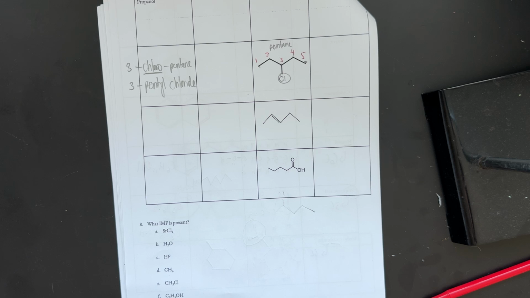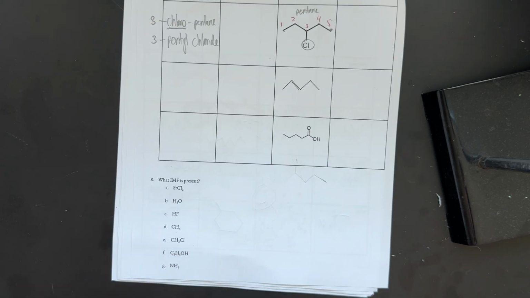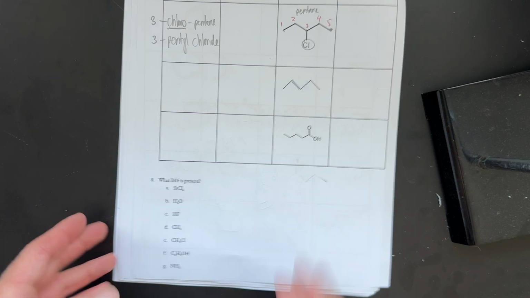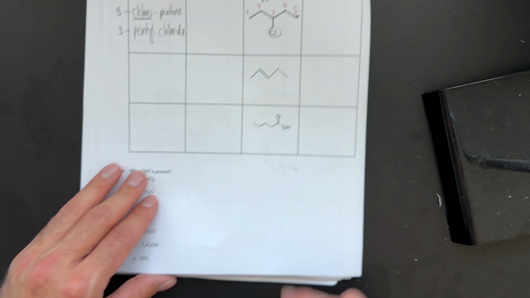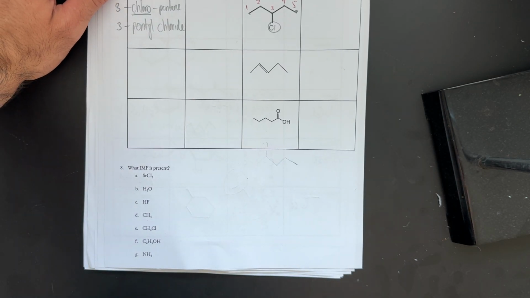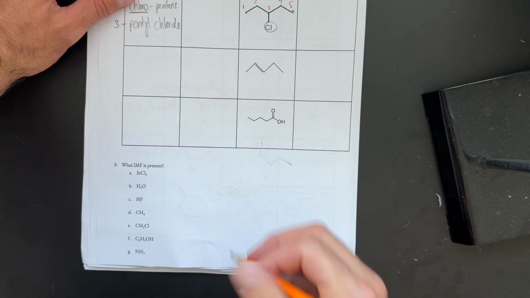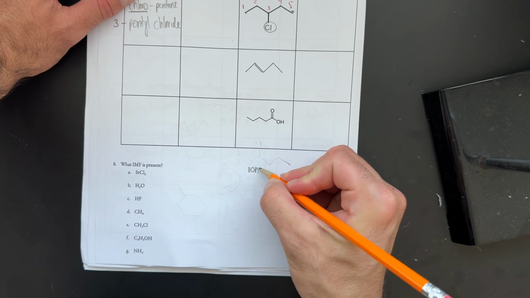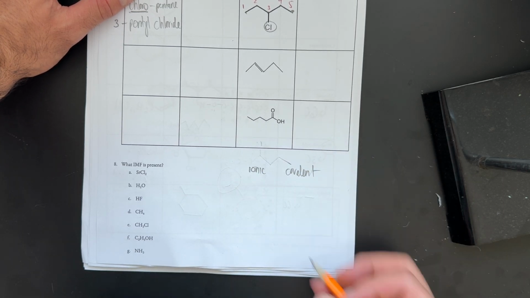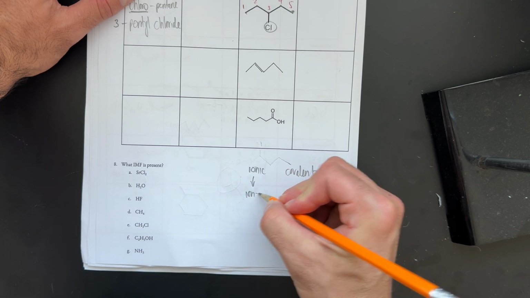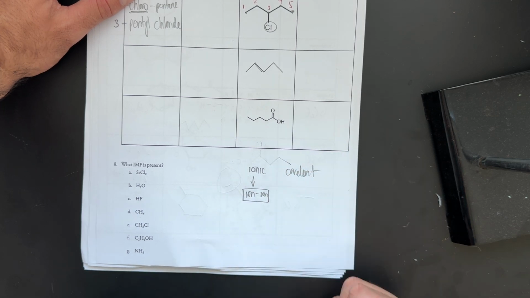But yeah, going on to number 8. What IMF is present? This again really comes back to a lot of this. There's a reason why this is so important. If you can't tell the difference between ionic, covalent, and metallics, but especially ionic and covalent, you're going to be in trouble, because the IMF that's present really depends on if we have ionic or covalent. If you have something that's ionic, you're going to have an ion-ion IMF.